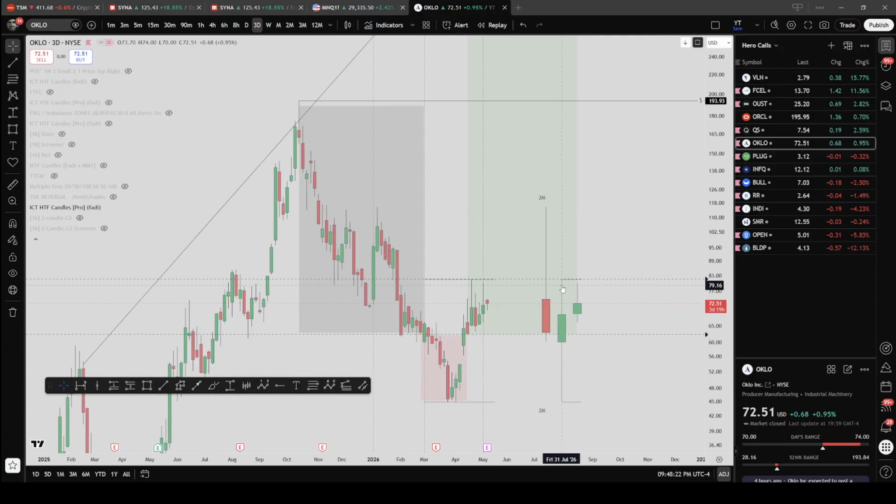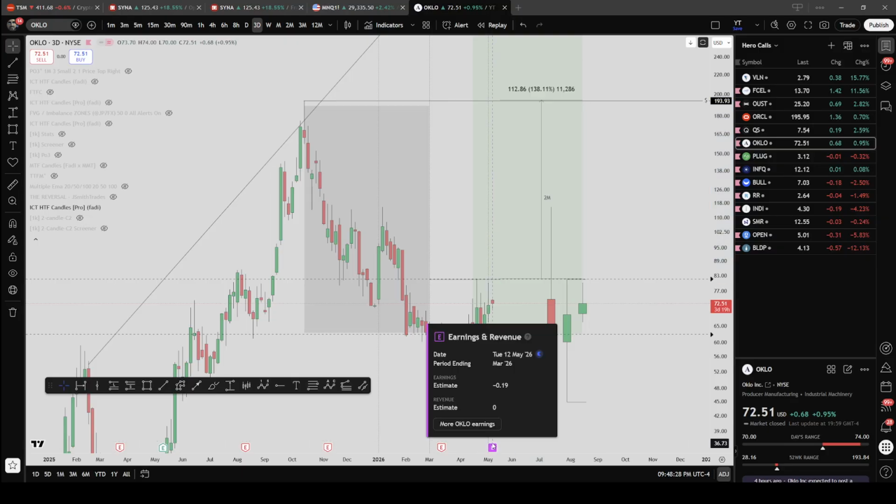I have an alert once it takes out C2 high, and then once it does that, you can ride it. The only thing is earnings is coming up. I don't really want to risk earnings on names like this. It's better to do it on semiconductors because at least on Synaptics, the past 10 earnings were positive or they beat it.